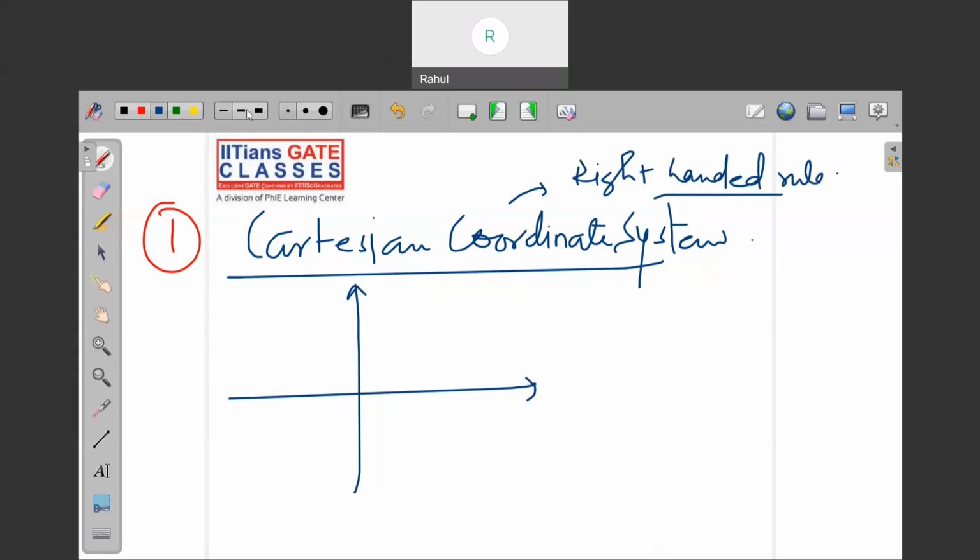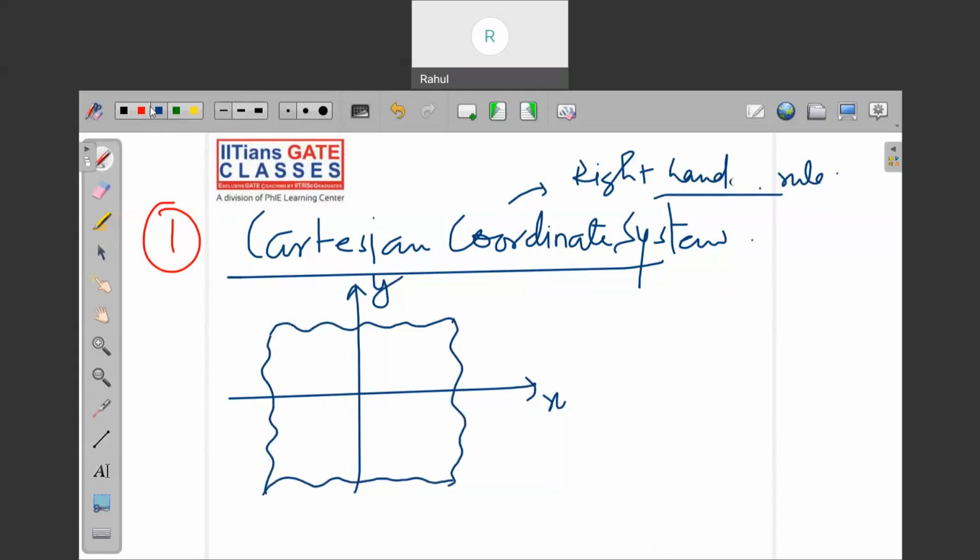Suppose this is the x-axis, then this is going to be your y-axis. So this is basically the xy plane. Remember, this is an xy plane.